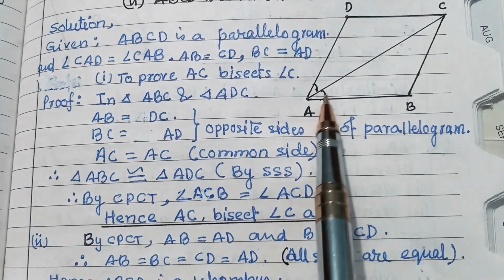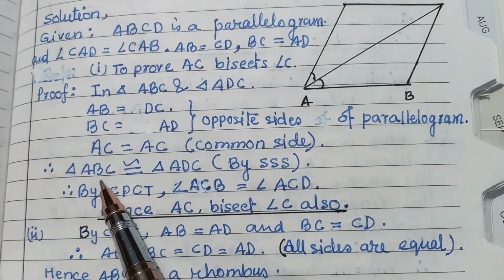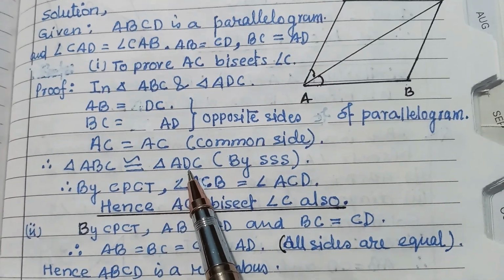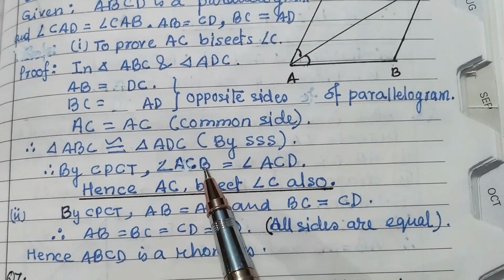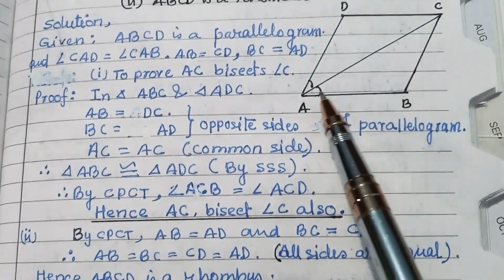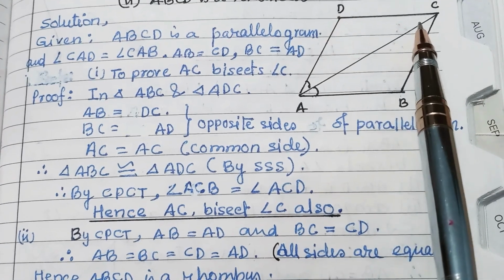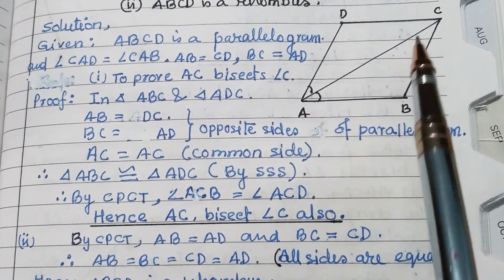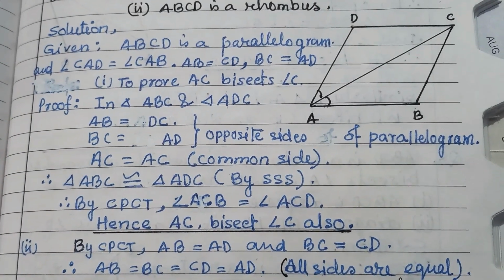And AC is the common side. Therefore by side side side property, triangle ABC is congruent to triangle ADC. By CPCT, angle ACB is equal to angle ACD. That means AC bisects angle C also. Got it? That is the first proof.